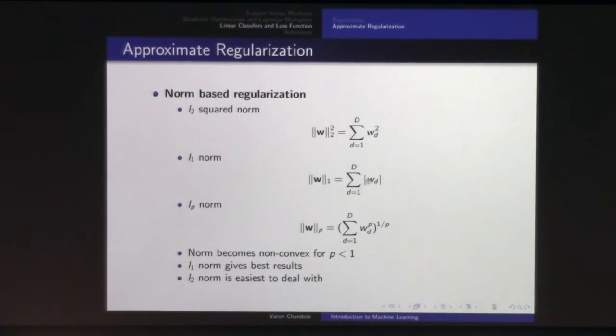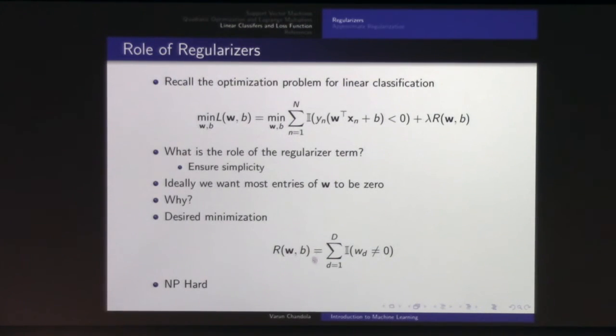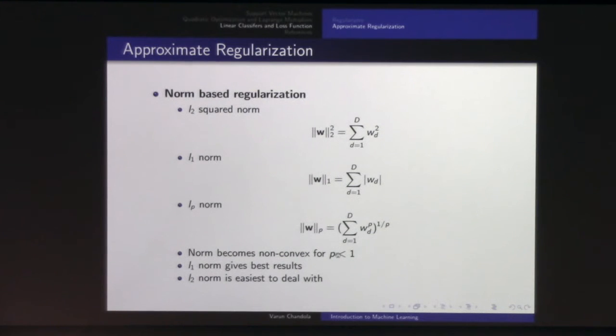Or in general, you can use any other norm or something else. So the idea is that ideally you want this regularizer, which basically gives a penalty of 1 for every non-zero entry in your weight vector. But this becomes hard to optimize, so we use some other easy to optimize functions, right?